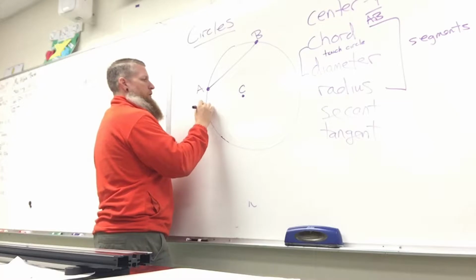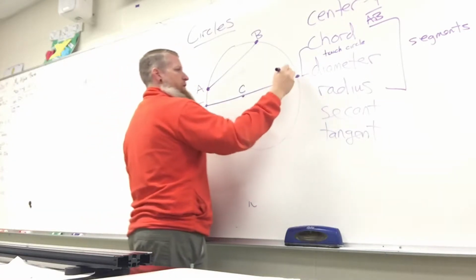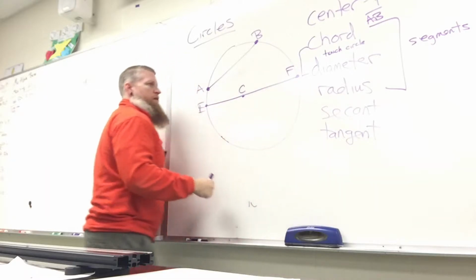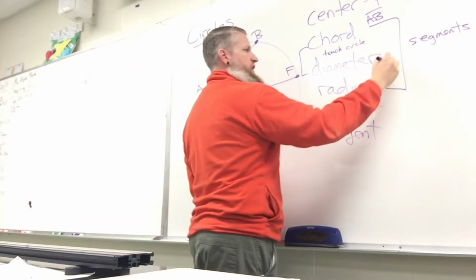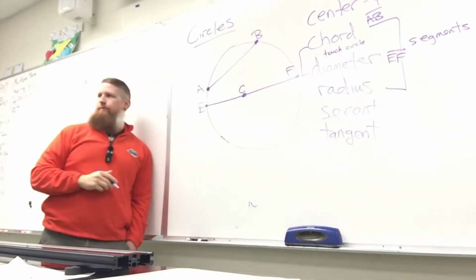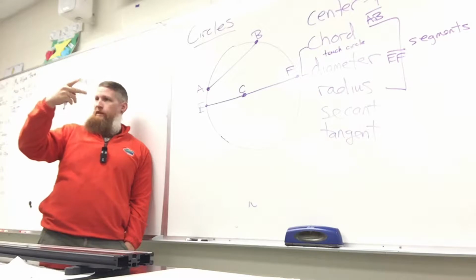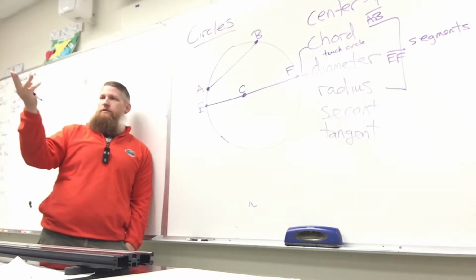So, say I did that one. We'll do EF. Okay? So since I know that point C was what I called the center, I know EF is a diameter. Alright, then of course, you know the relationship between diameter and radius? Yes or no? What is it?